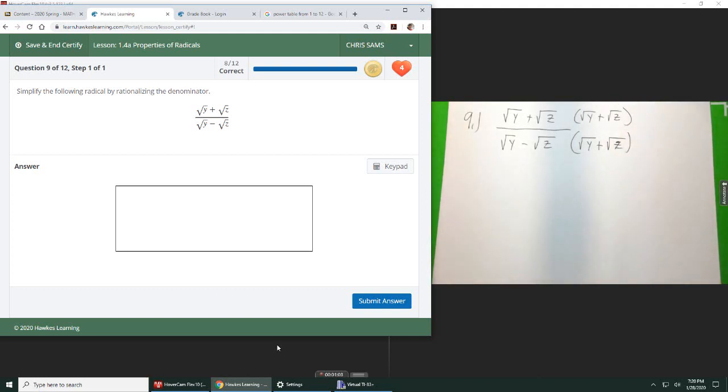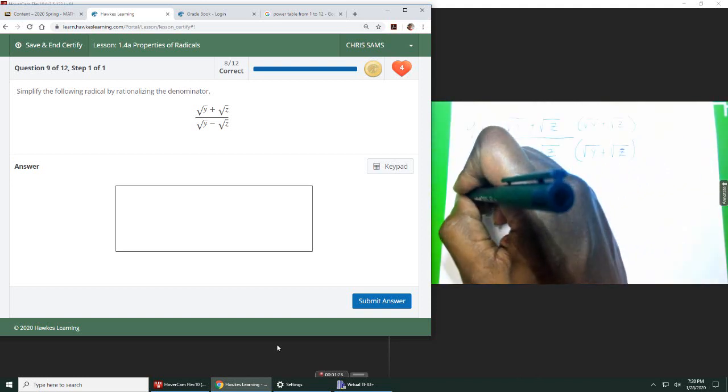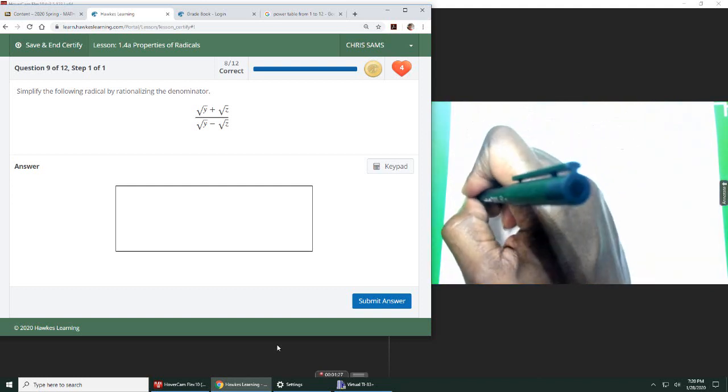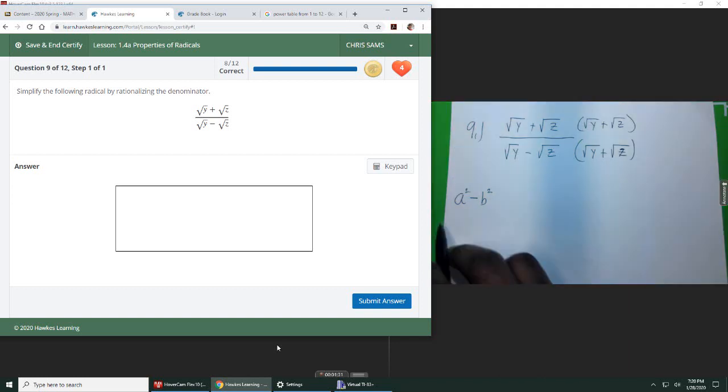So we have to FOIL, and some things come into play. So when you do the bottom, when you multiply by the complex conjugate, if you remember the difference of squares formula, if not, I'm going to write it down. Difference of squares says if I had a squared minus b squared, there's the difference, and the squares are a squared and b squared.